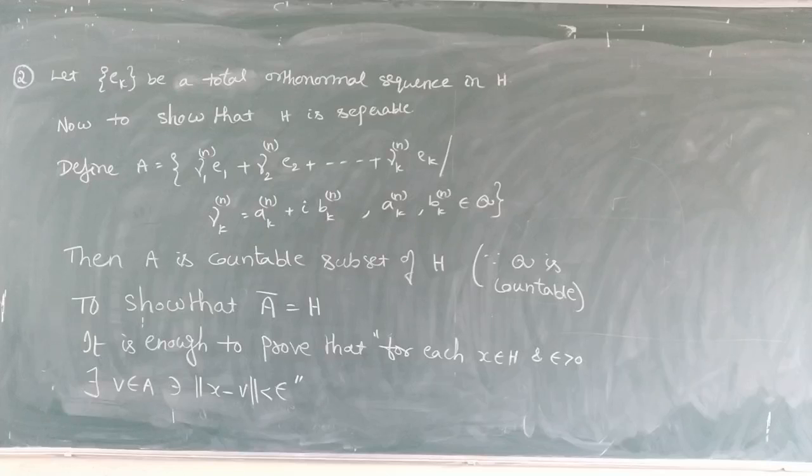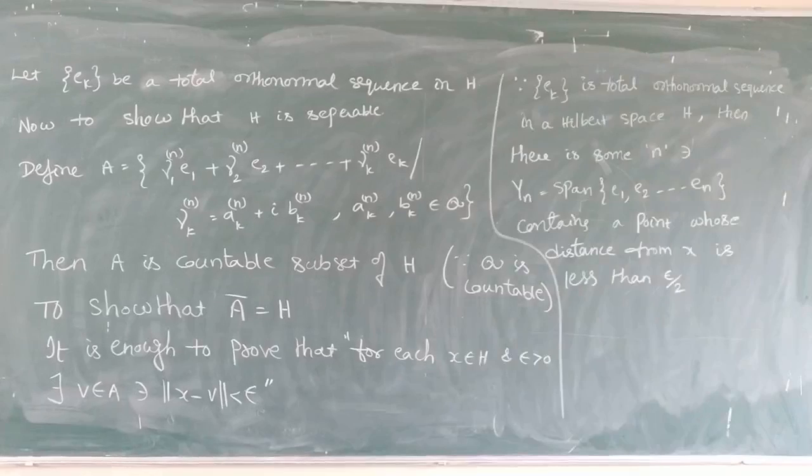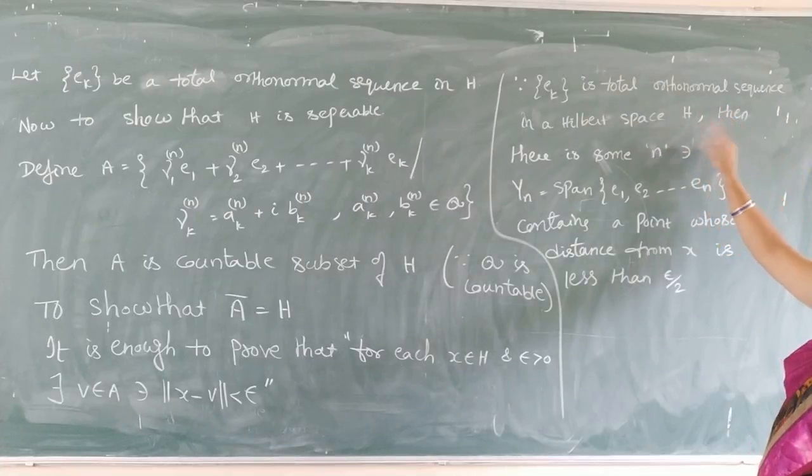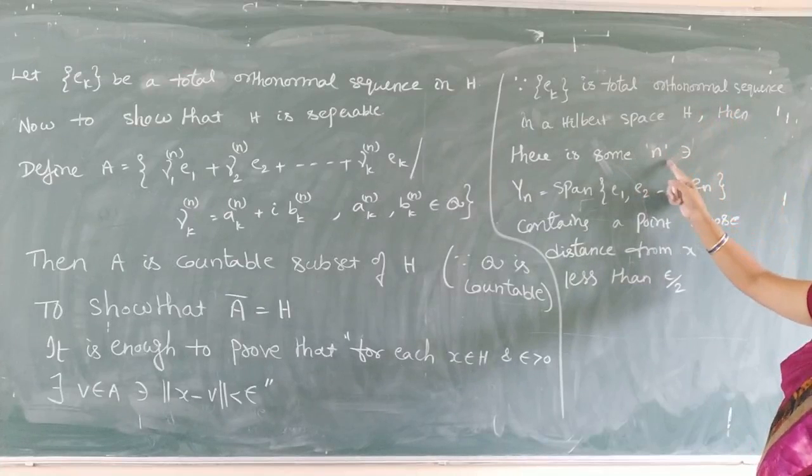Next, we are using that e_k is a total orthonormal sequence in H. Since e_k is a total orthonormal sequence in a Hilbert space H, there is some n.